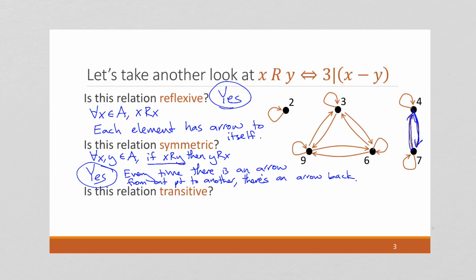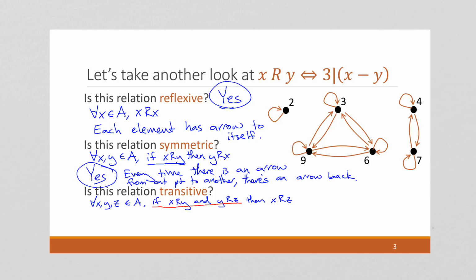Transitivity is the one that I think students get caught up with the most. Again, let's write out the definition. For all x, y, and z in A, if x is related to y and y is related to z, then x is related to z. Again, this is a universal conditional statement.